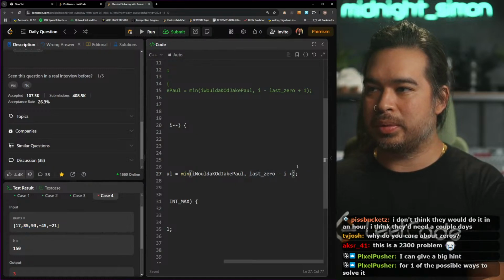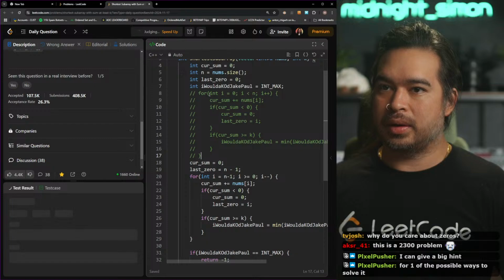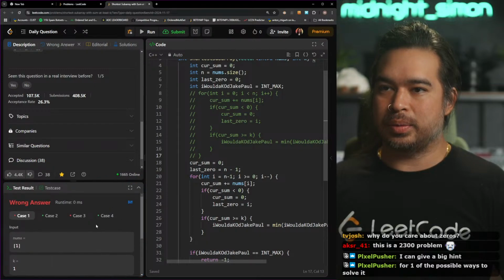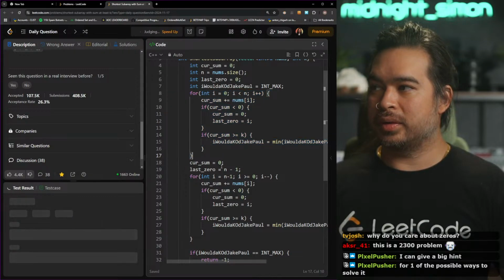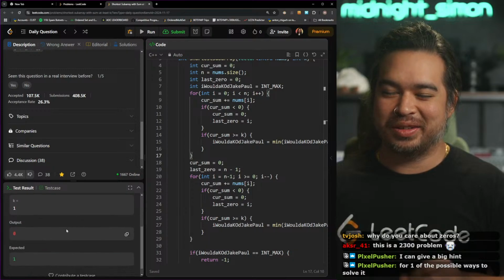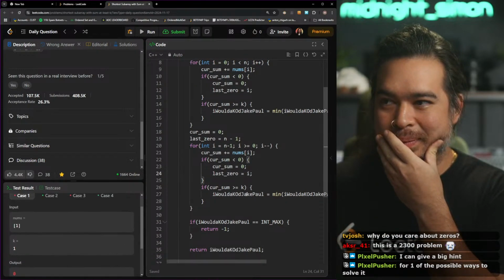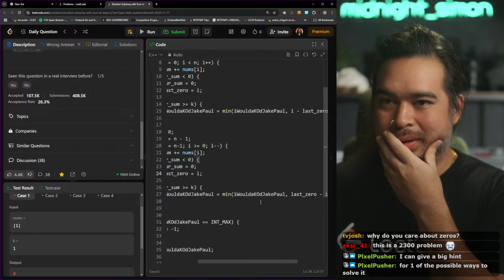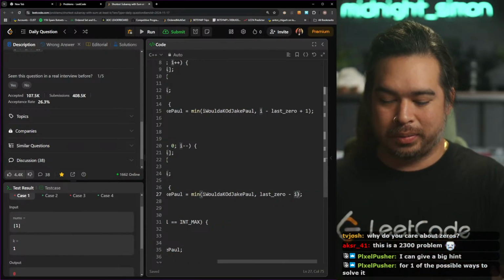Maybe I don't need this part here. Not sure why. And then I put this part back in. I can give a big hint. Hold on. Hold up.